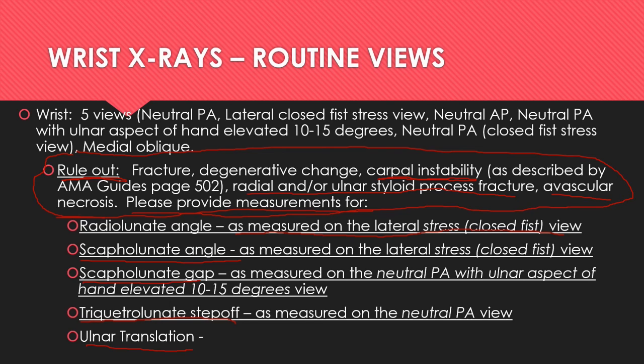Okay? So here we're looking to find out what the medical radiologist comes up with for measurements, and we're going to look at his measurement findings and compare those to our own measurement findings.